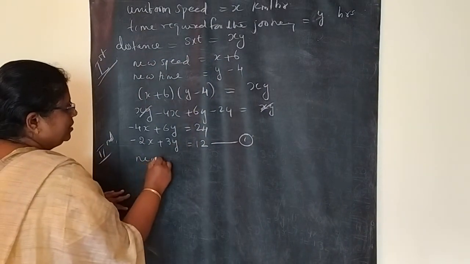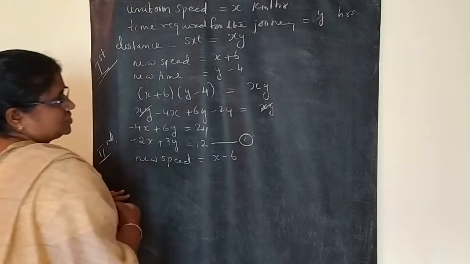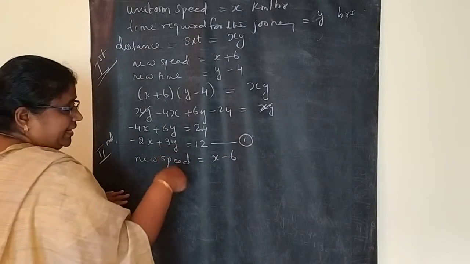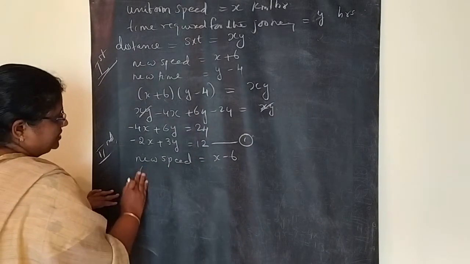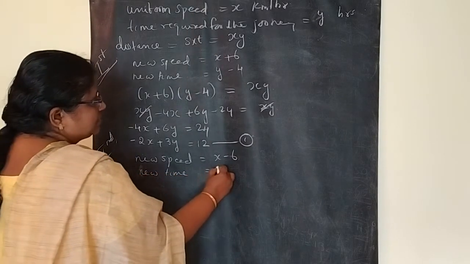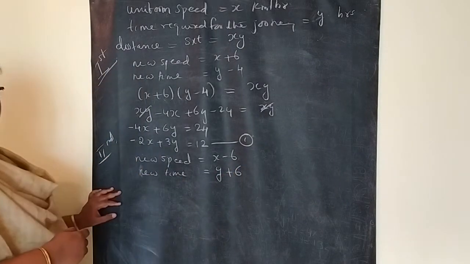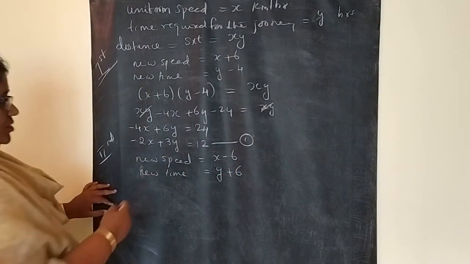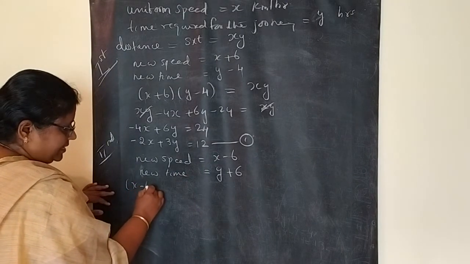So what is the new speed here? x minus 6. When speed decreases, time increases. So what is the new time? New time is equal to y plus 6. 6 hours increases.